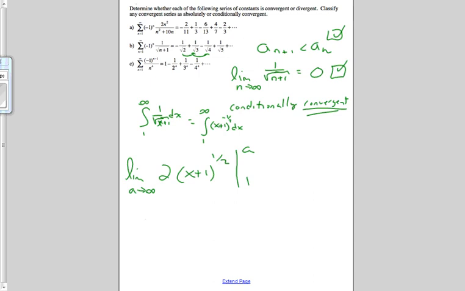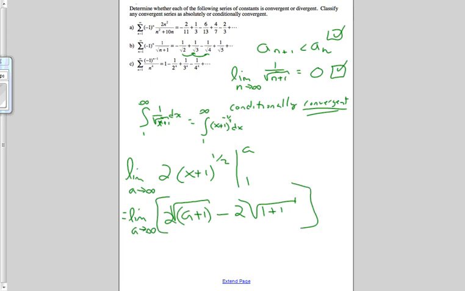So what does this equal? Well, this equals 2 times the square root of a plus 1, minus 2 times the square root of 1 plus 1, as a approaches infinity. And clearly, using the integral test, this value is going to diverge, because as a gets huge, this value here is going to get huge.